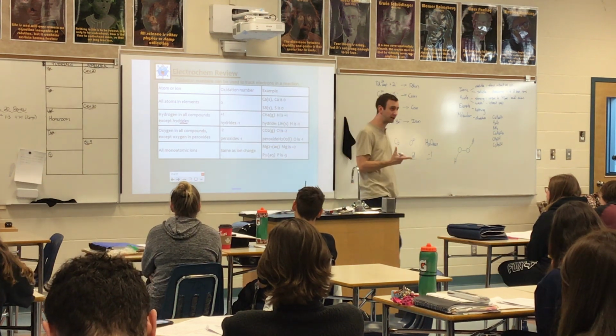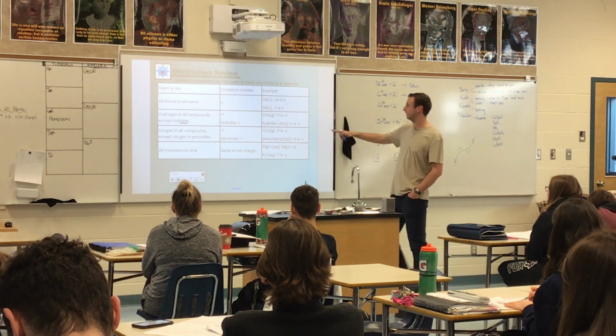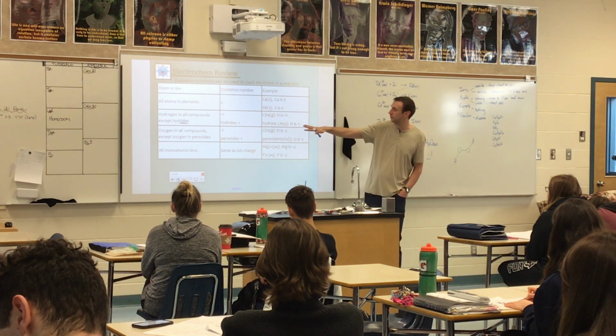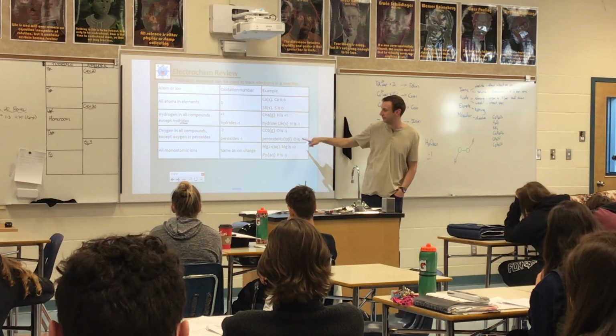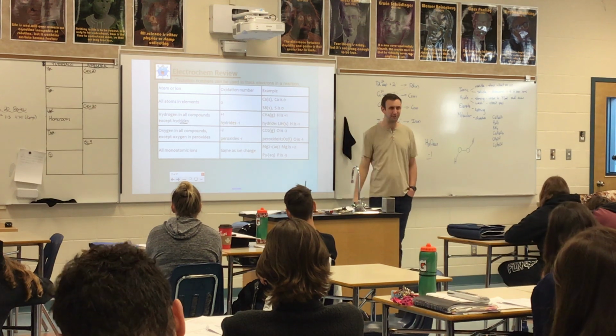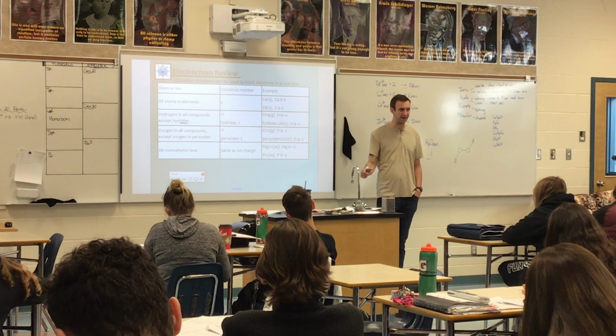This doesn't come up very often, but it is a thing. So for example, lithium hydride, it's -1 for the hydrogen. Oxygen almost always in a compound is -2, except for peroxide. We just talked about that. There is -1. Again, I think it's going to be on the diploma this year. I'll be surprised if it's not.